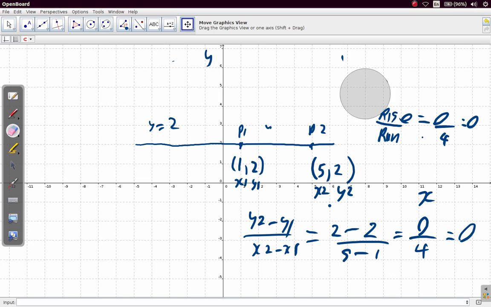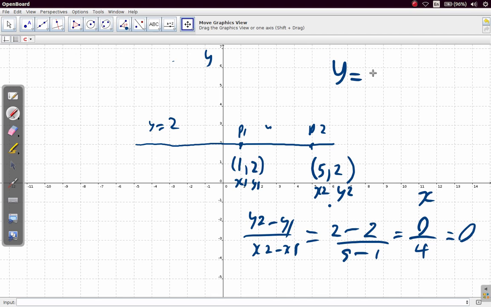But generally, you have a horizontal line whenever you have an equation in the form y equals a, where a is just a number. In this case, a is 2, so the line passes through 2, and it's a horizontal line. Alright, we will examine this topic some more in a different video.